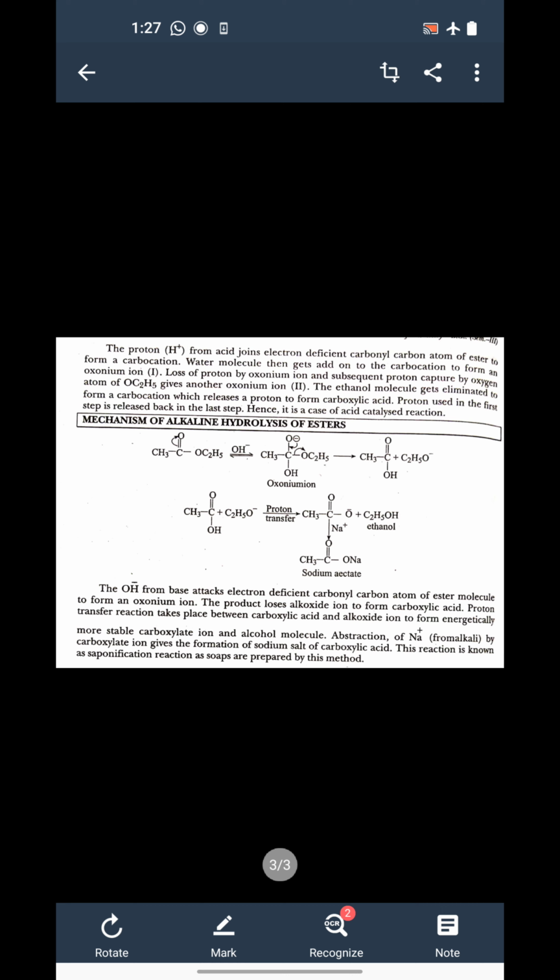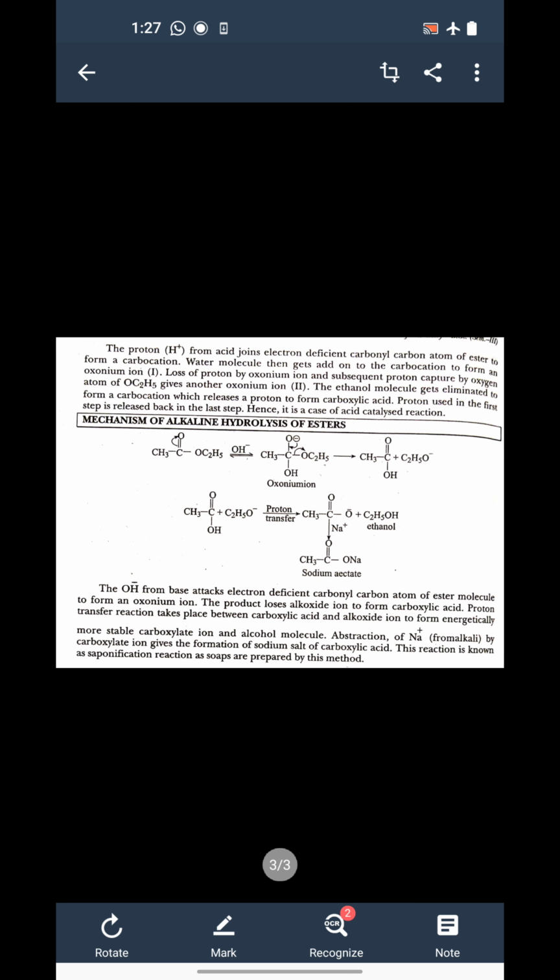Now at this position, the Na from the NaOH gets added, and we get sodium acetate instead of the simple acid which we get in acid hydrolysis. So in saponification or alkaline hydrolysis, finally we get sodium acetate. So this is about the alkaline hydrolysis of ester.